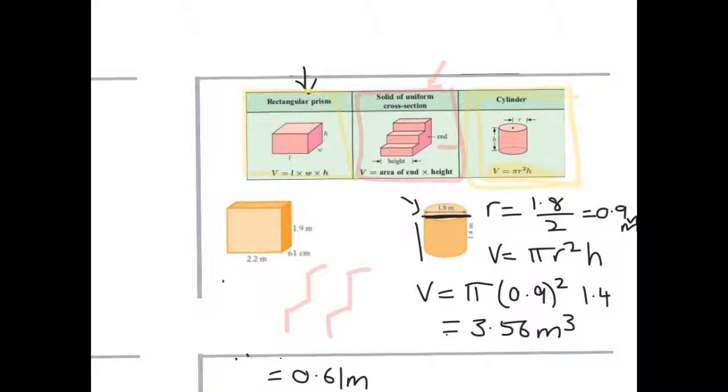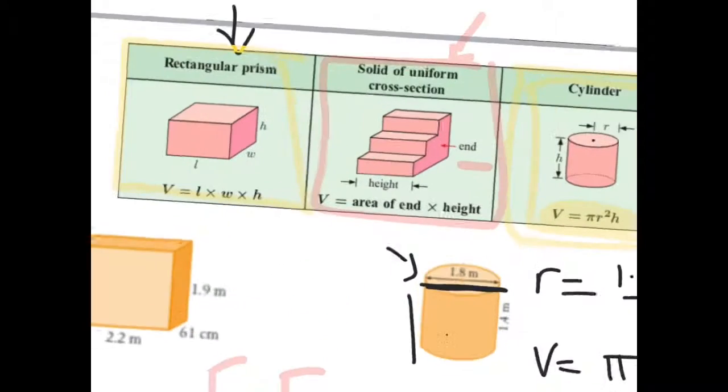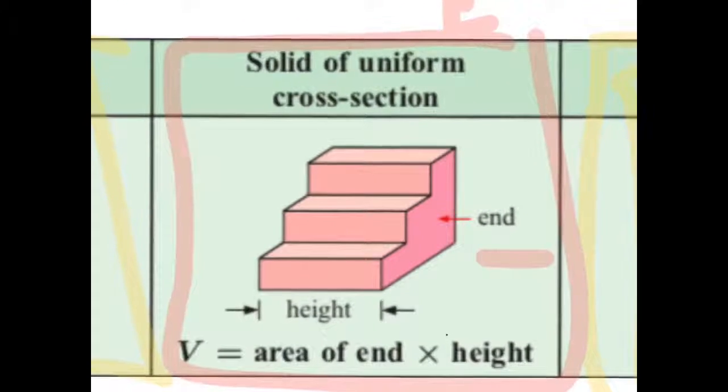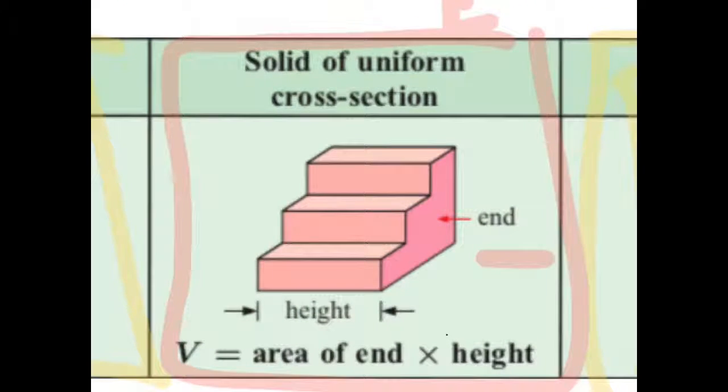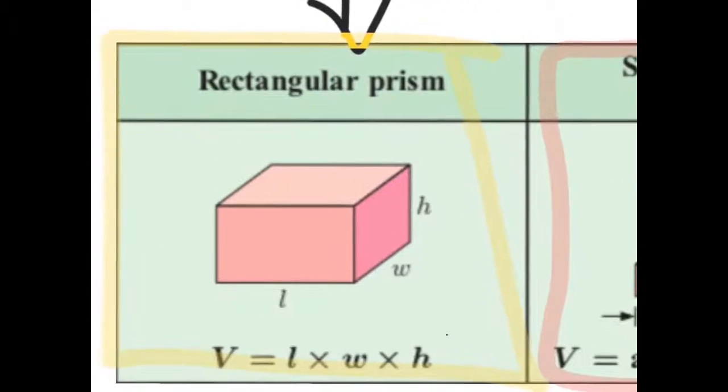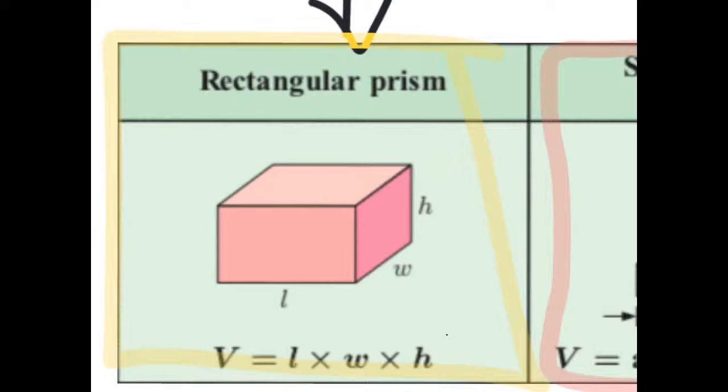So if we think closely about this formula here, for a solid of uniform cross-section, the volume is just going to be the area of the end times the height. Now this works for any shape. If you think about the rectangular prism over here, and we use that formula, the area of the end times the height.